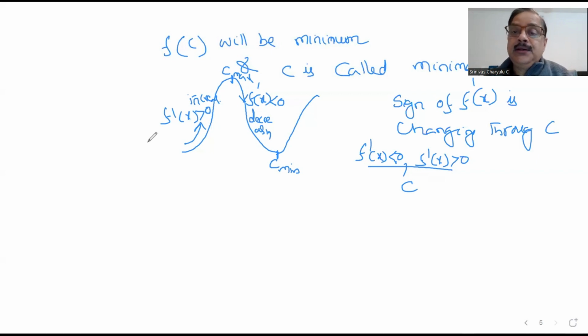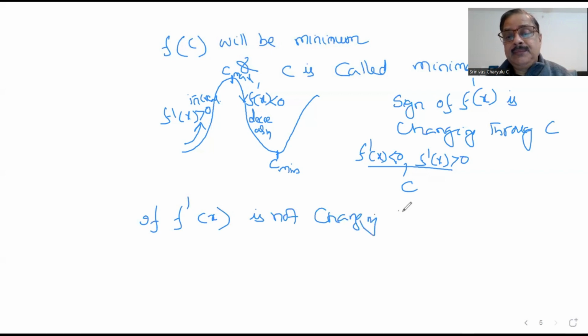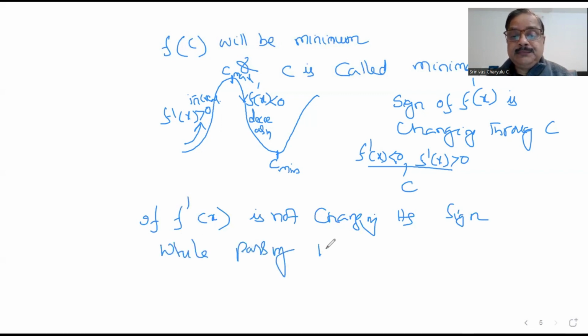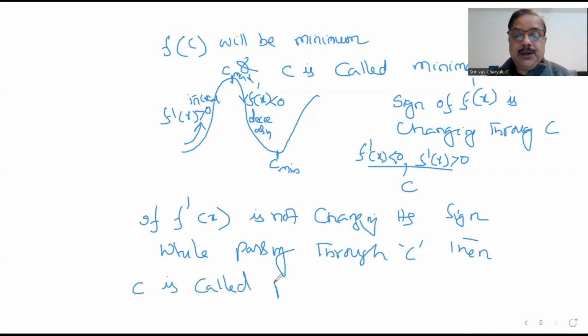That will decide. If f dash x is not changing when you are passing through c, then that is called actually point of inflection. If f dash x is not changing its sign while passing through c, then c is called point of inflection.